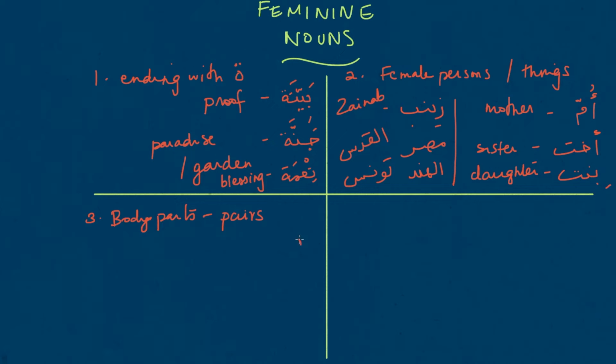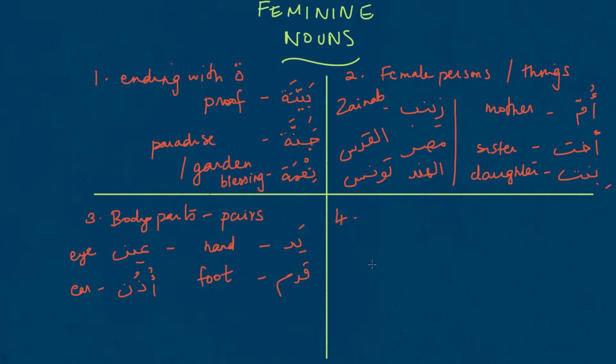For example, yad. The word yad for hand is considered feminine. We have qadam, foot. We have ayn for eyes or an eye. Udhun, ear. So these things are considered as feminine.